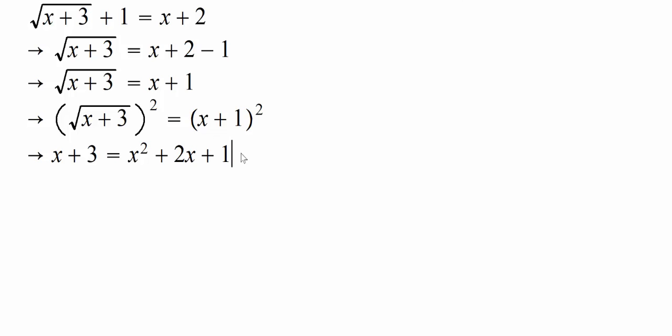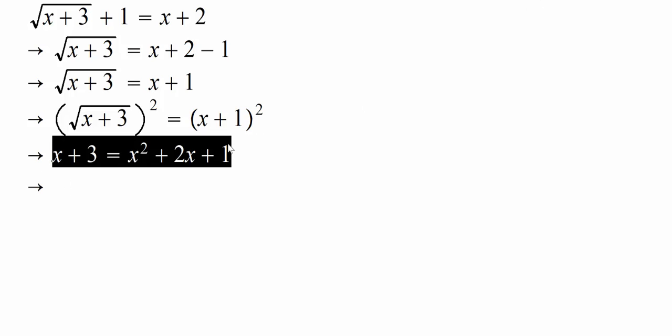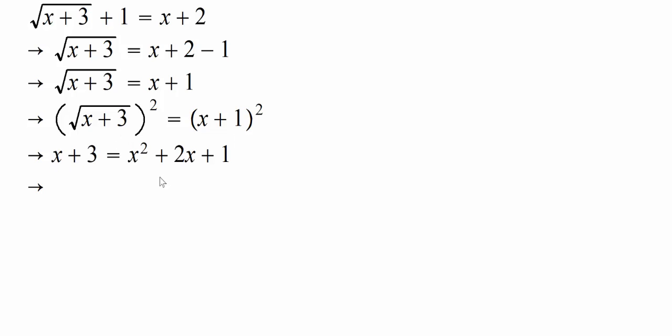So what we can do now is, this is a quadratic equation, so a good idea would be to put everything on one side. So we'll transfer this over here, and this becomes a 0.